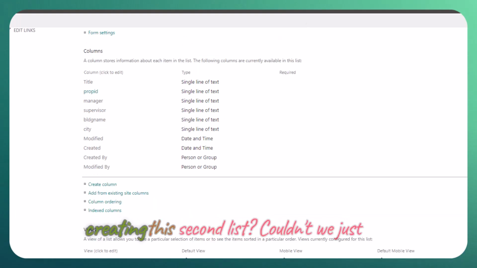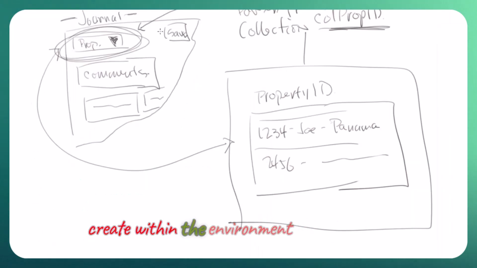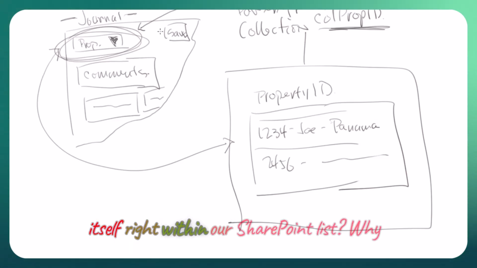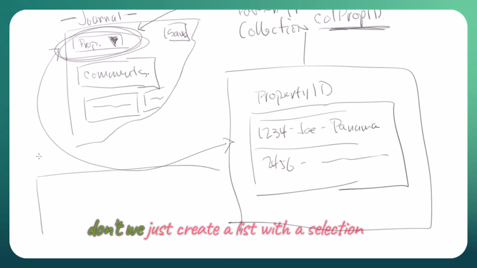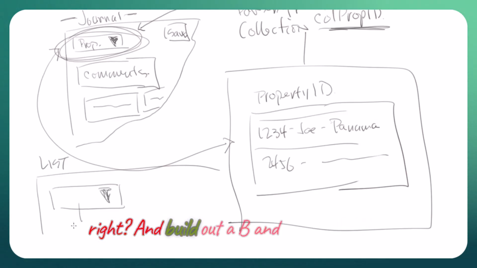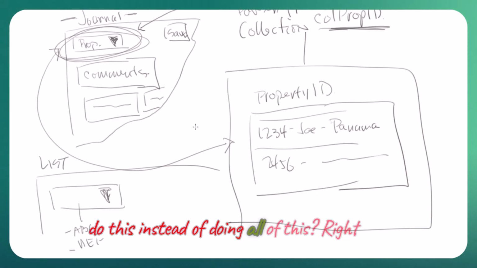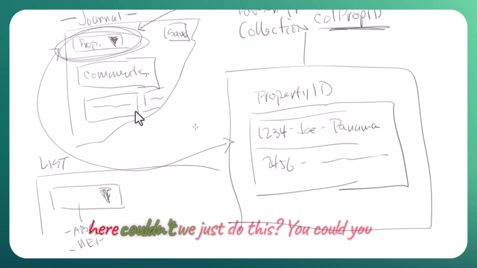Instead of creating this second list, within our SharePoint list, why don't we just create a list with a selection criteria, and we'll put this as a choice field and build out A, B, and C as our options right there. Couldn't we just do this instead of doing all of this right here?